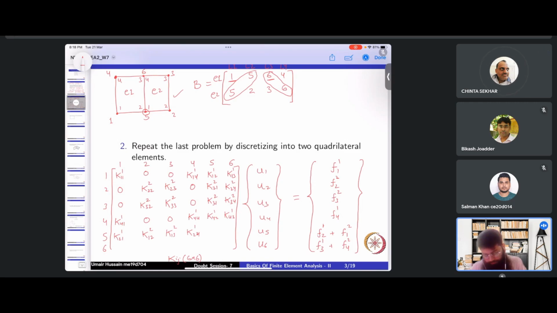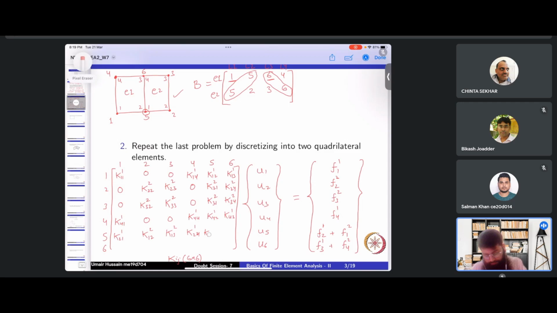Same element. And 5 5, how many contributions do we have for 5 5? 5 is there in element 1 and 5 is also there in element 2.